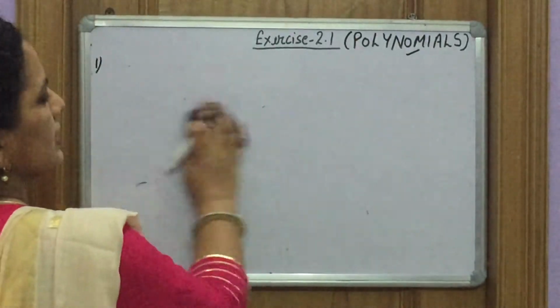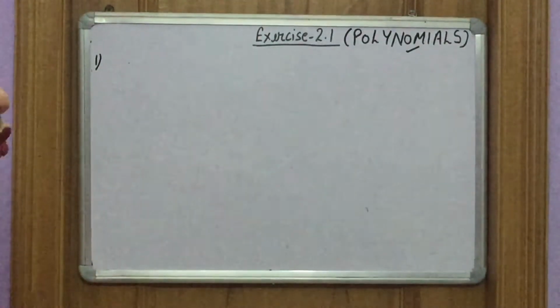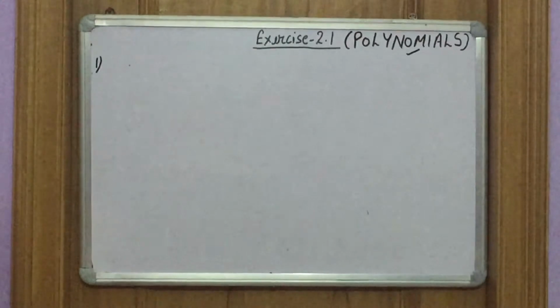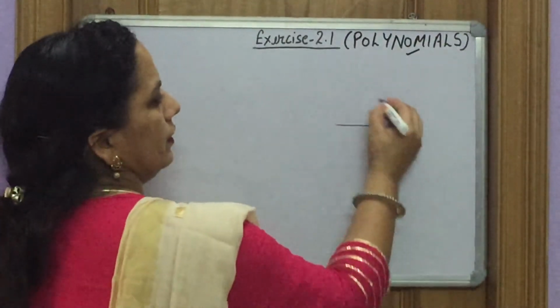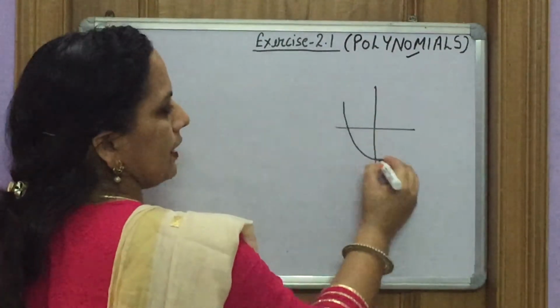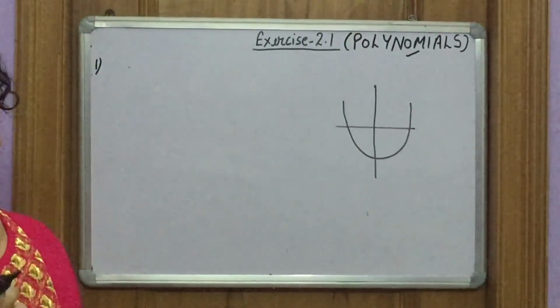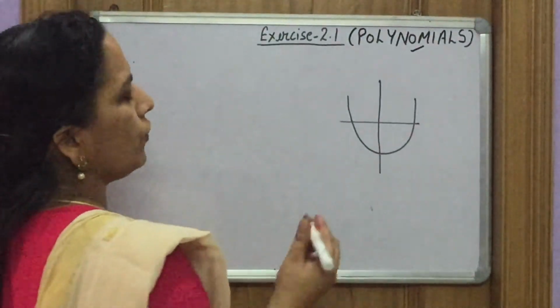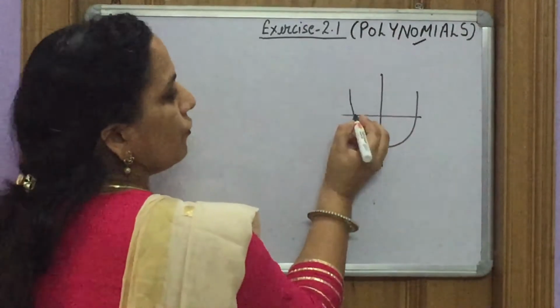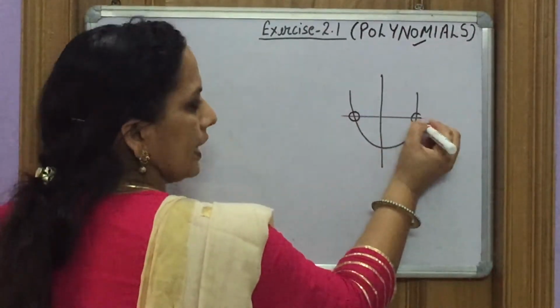So these are the graphs of these polynomials. We have to just find out the number of zeros. Our question is, from this graph find out the number of zeros. So number of zeros of a graph are the points where it cuts the x-axis.